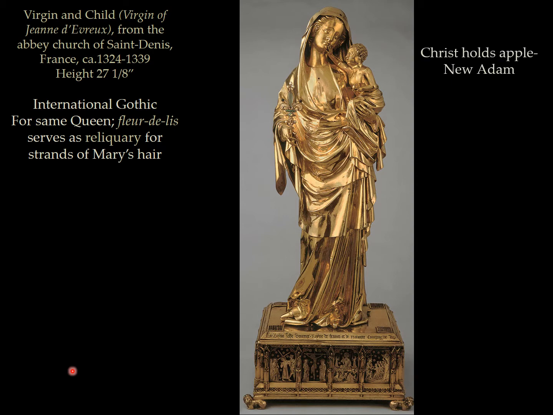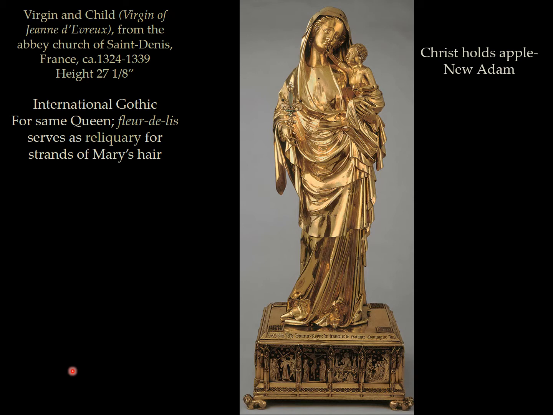Now, you find that Christ is going to be holding an apple, and even though it does not explicitly state that the fruit of the tree of knowledge of good and evil was an apple, the fruit here directly connects Christ as the new Adam, and thus the Virgin as the new Eve. Since Adam and Eve caused the downfall of mankind, it is thus appropriate and apropos that the Virgin and Christ will redeem mankind.